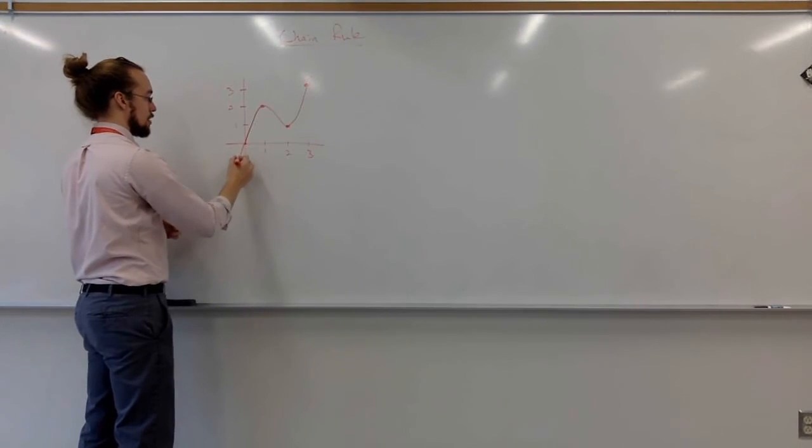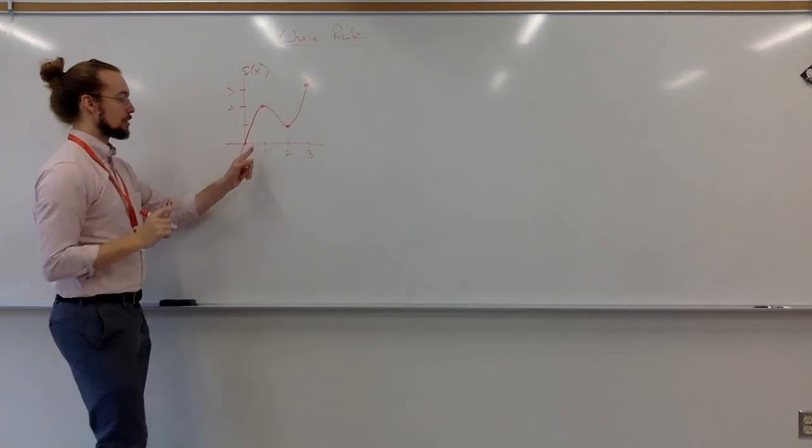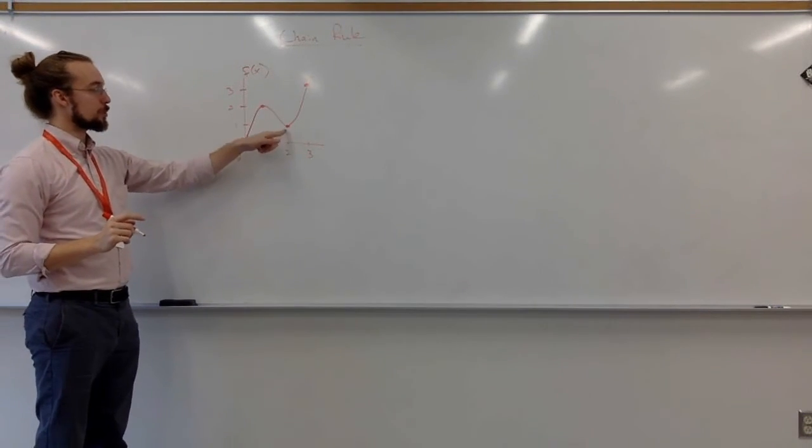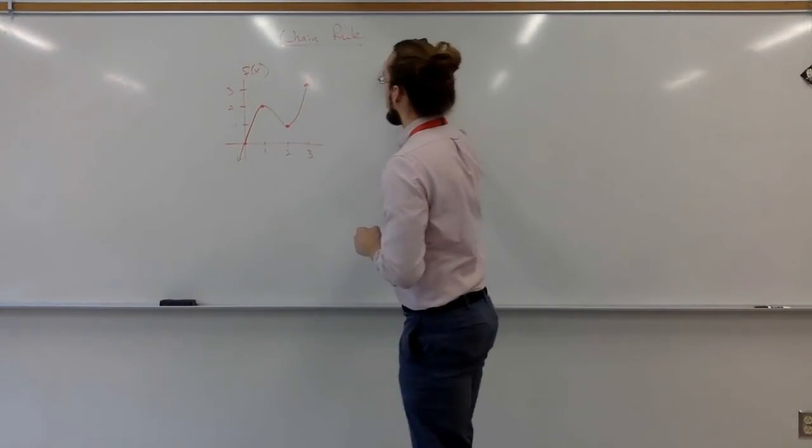So let's say this is my f of x. Okay, and this is the point 1, 2, the point 2, 1, and the point 3, 3. Those are exact coordinate points on the graph.